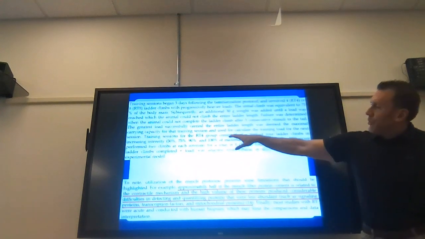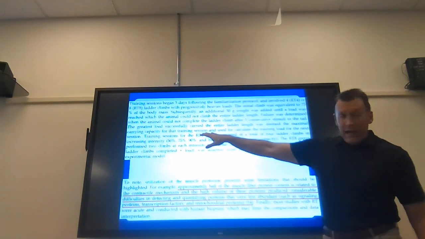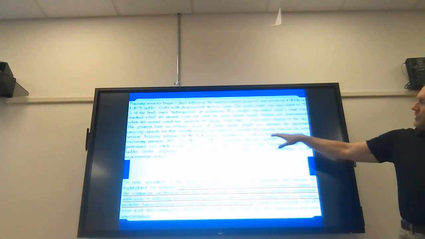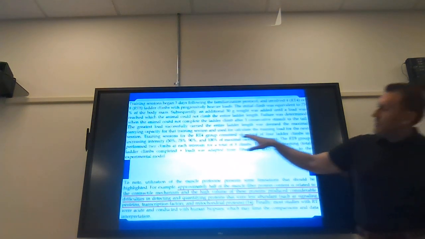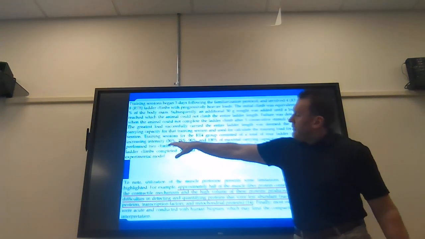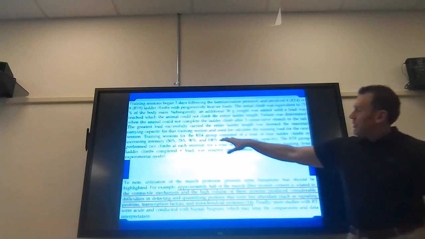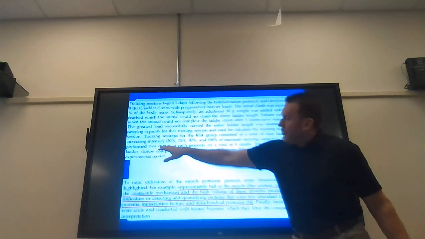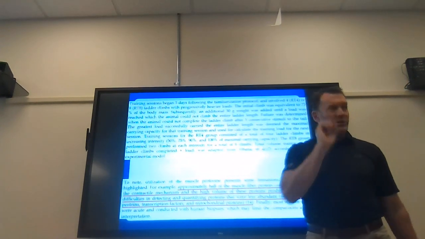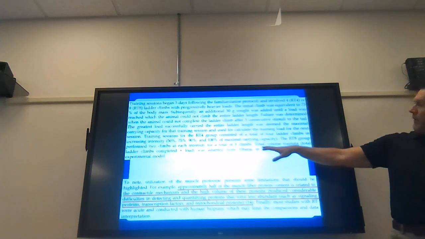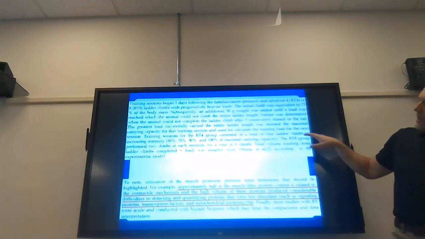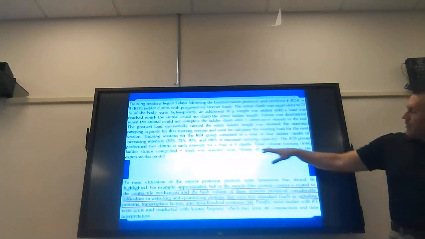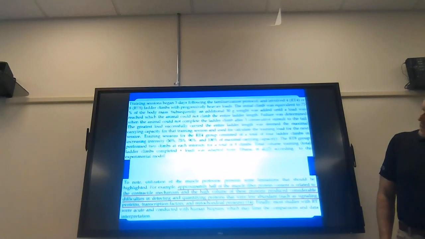Training sessions consisted of a total of 4 ladder climbs, increasing intensity to 50%, 75%, 90%, 100% of maximal carrying capacity. The RT, so the 8 ladder climbs, they did 2 climbs at each intensity, so 4 times 2 is 8. The total volume of training was adapted from a previous study.